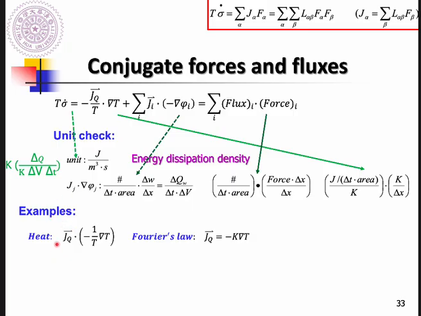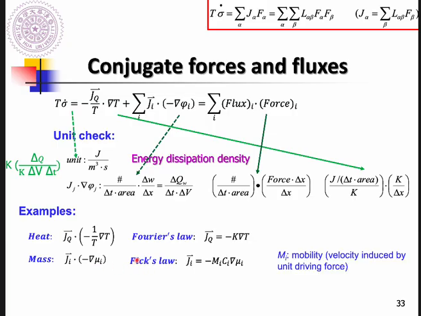Then you have the flux times the driving force. And for mass, the atomic flux times the driving force, which is the negative chemical potential gradient. The atomic flux can be obtained from Fick's first law, which is negative mobility times concentration times the driving force, the negative chemical potential gradient.